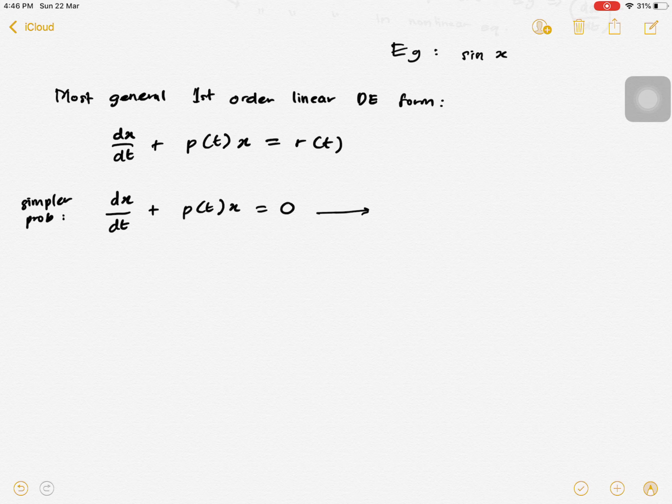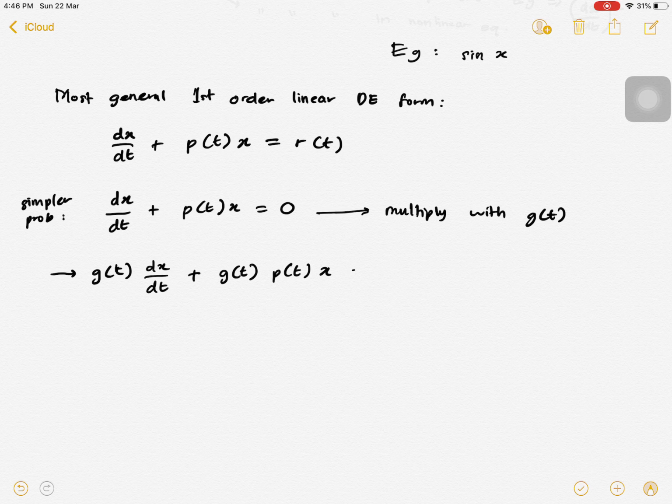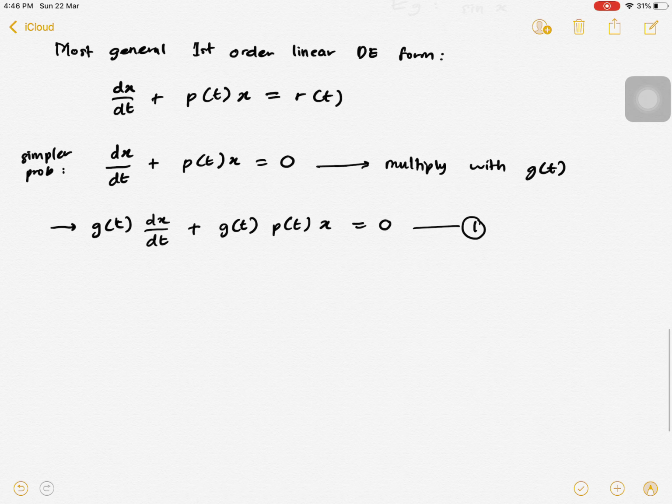Let's multiply this equation with g(t), which is also a function of the independent variable t. So we get g(t) dx/dt plus g(t)p(t)x equal to 0. Let's say this is equation 1.